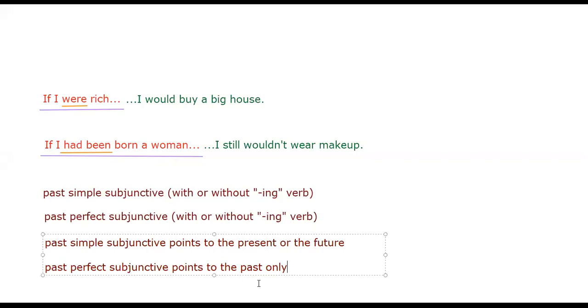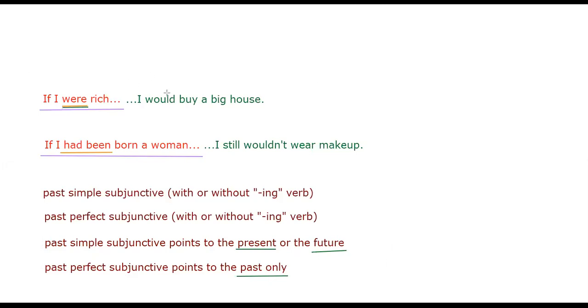That's something to keep in mind. It's a very important distinction. The past simple subjunctive points to the present or the future, whereas the past perfect subjunctive points to the past only. So here in the first example, this right here is pointing to the present.